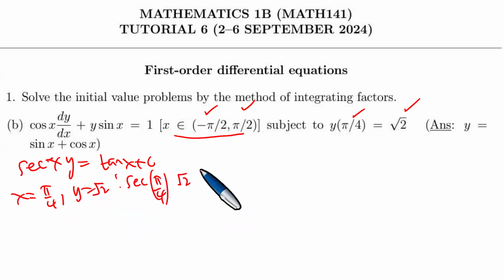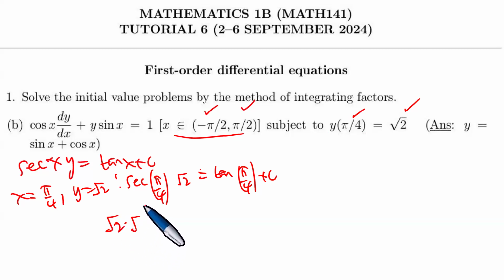Which is the square root of 2, which is the tangent of pi over 4. The secant is 1 over cosine 45, no?